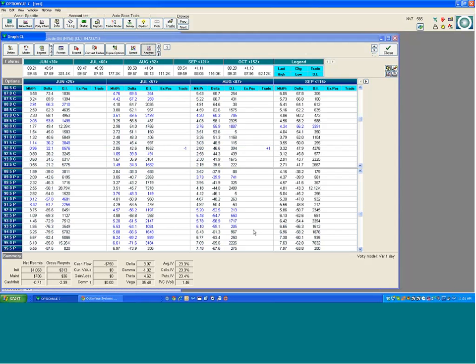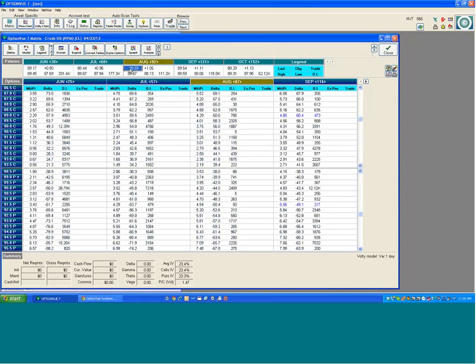But if you wanted to be more aggressive and you wanted a larger vega factor and a larger theta factor, what you could do is instead structure the trade where in the deferred month you buy the close to the money strike. So that would be, for example, the 90 strike with a delta close to 50.